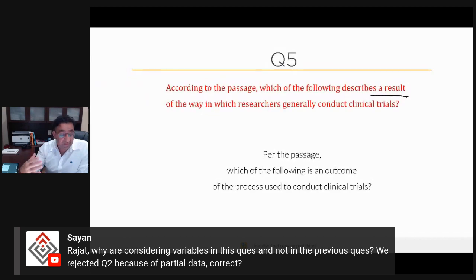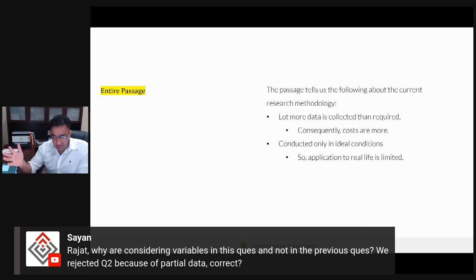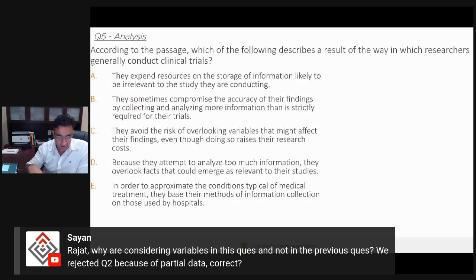So generally conduct means this is not the proposed way, this is the traditional way of conducting clinical trials. All right, when you look at this, there are 2 things. One is you have a lot more data that's collected, costs are more. The second is the trials today are conducted in ideal conditions, so their applicability in real life is limited, or you can say you need a 2-step trial.